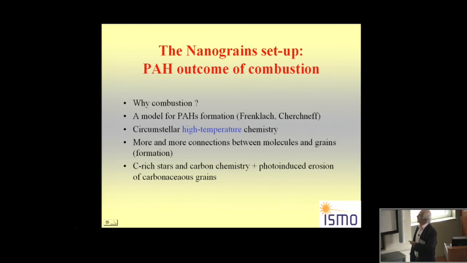In addition to that, it's the only so far properly working proposed model for explaining PAH formation in space. In the circumstellar envelopes, there is high temperature chemistry, and models of this high temperature chemistry, starting from acetylene, for instance, predict the formation of PAHs. It's not so surprising.